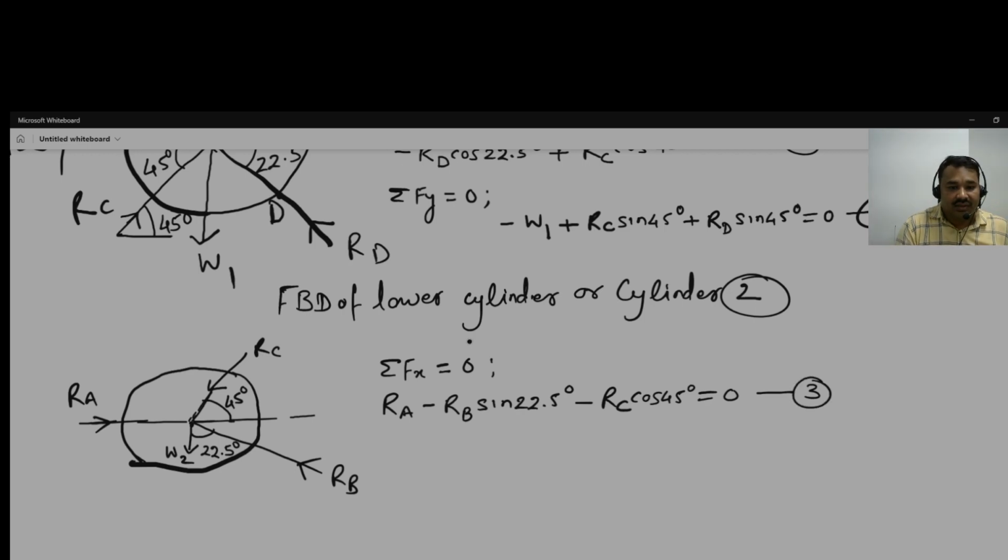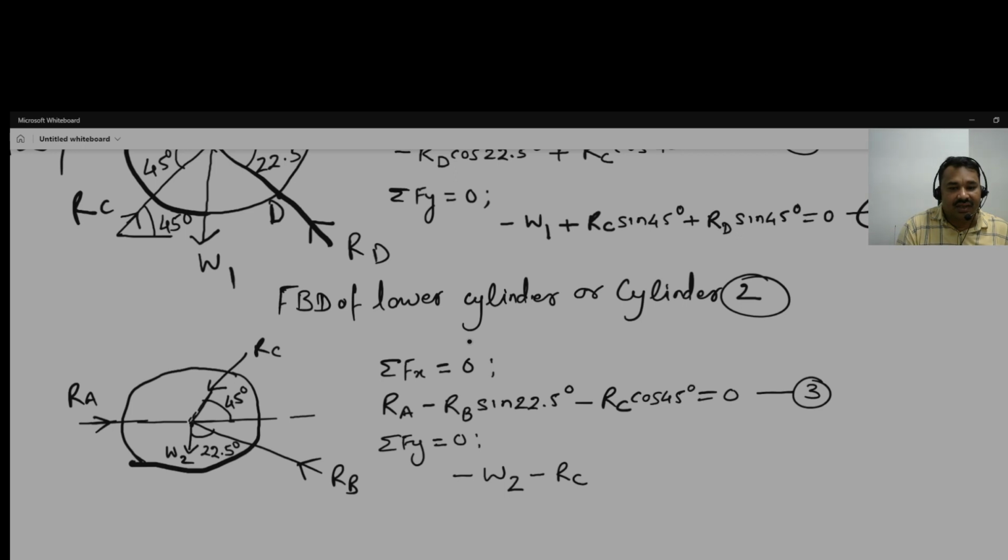Okay, now going to satisfy the summation of Fy is equal to 0, then Ra, so Ra तो इसमें लेना नहीं क्योंकि वर्टिकल डायरेक्शन में Ra is working in x डायरेक्शन. ठीक है, so what about W2? W2 is acting in downward direction, that's why with minus sign, and also RC is working in downward direction.